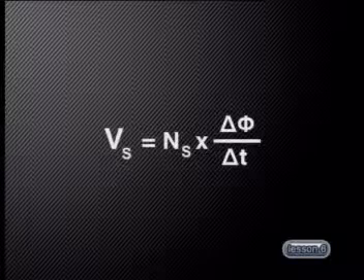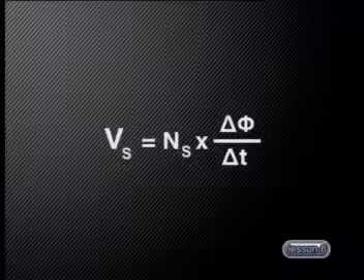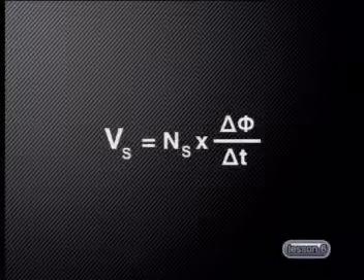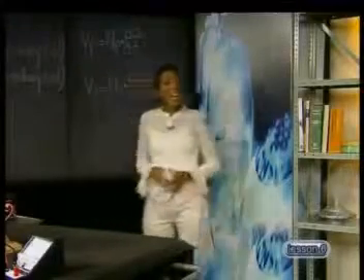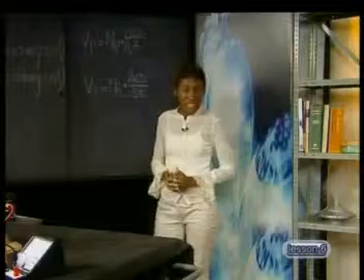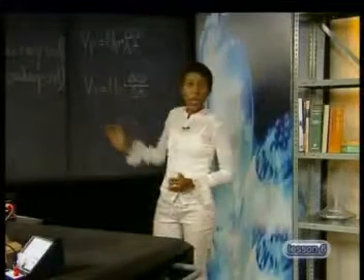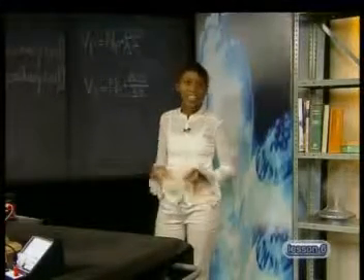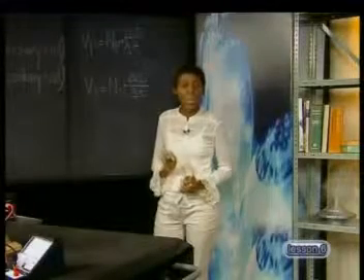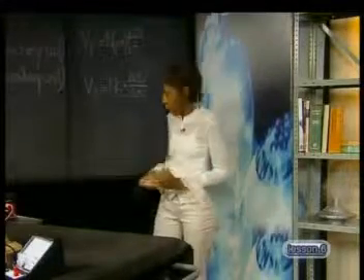This gives us the equation Vs equals Ns times delta phi over delta t. Now we can divide each equation by the number of turns to get an expression for the rate of change of magnetic flux.